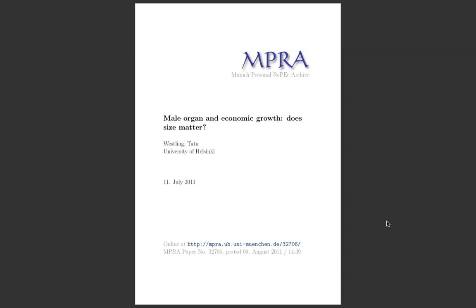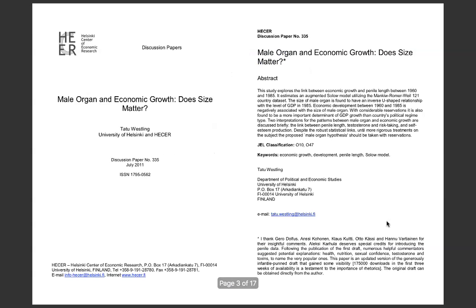Just now you still remember when I talked to you about what happens if a variable is significant, does it mean anything? So look at this abstract. They say this study explores the link between economic growth and penile length between 1960 and 1985, estimated using the growth model.